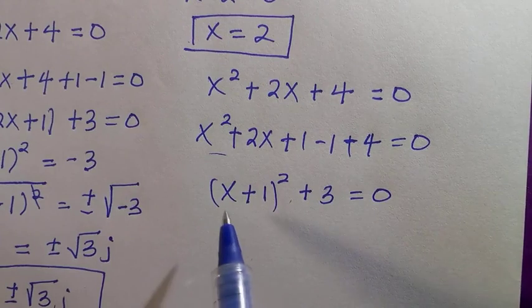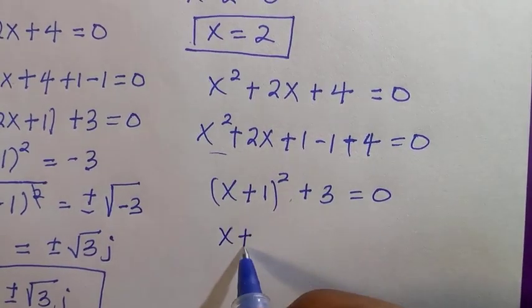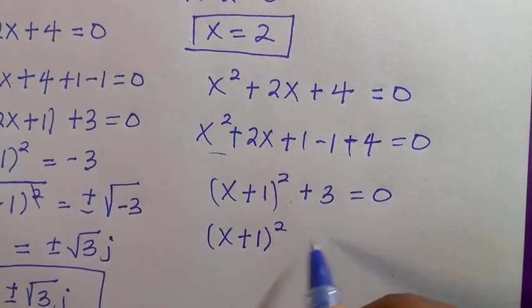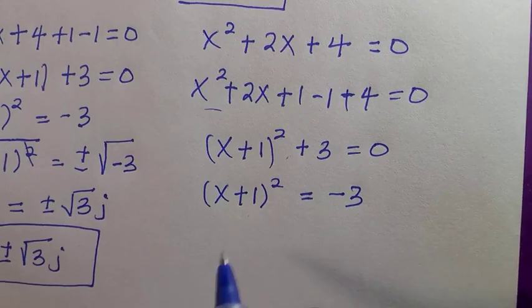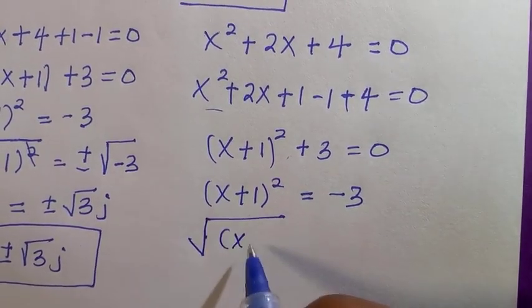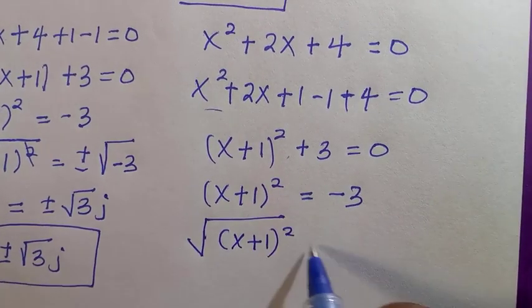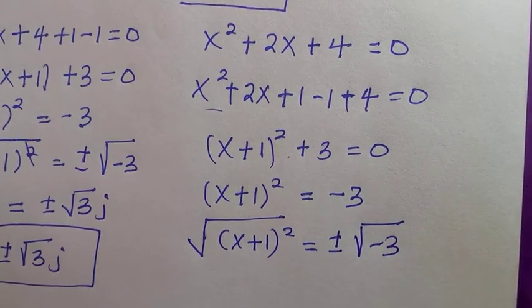And transferring 3 to other side, we have (x plus 1) raised to power of 2 equals minus 3. And then by taking the square root of both sides, we have the square root of (x plus 1) raised to power 2 equals plus or minus the root of minus 3.